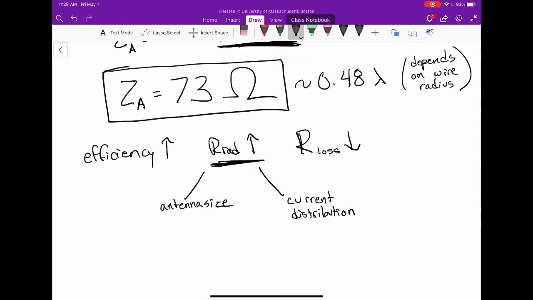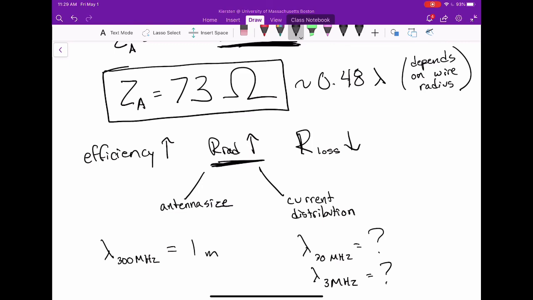Why don't we just always use half wavelength dipoles then? Well, think about it this way. The wavelength at 300 megahertz is 1 meter. What's the wavelength at 30 megahertz? What is it at 3 megahertz?